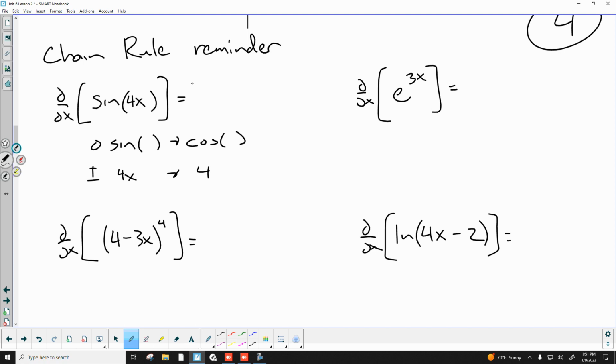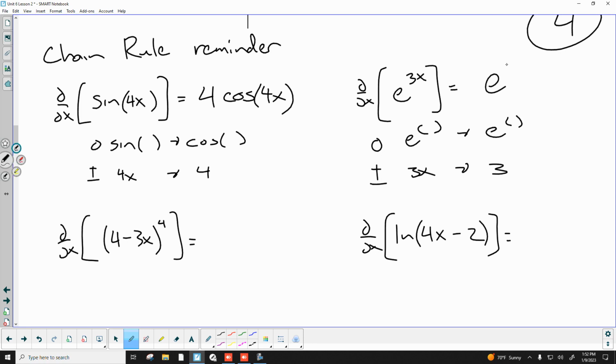Got it? So you're not taking the derivative of the 4x. It just stays as 4x. For e to the 3x, the derivative is the derivative of e to the parentheses, but what's in the parentheses stays. We kind of just take the derivative of the e to the parentheses.